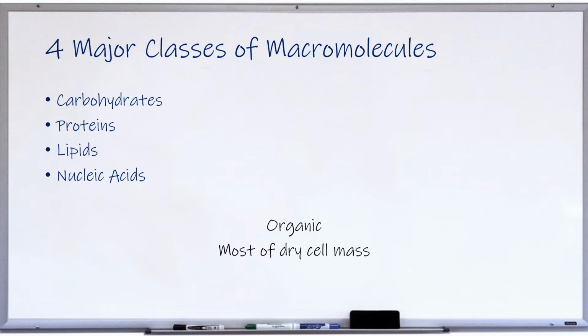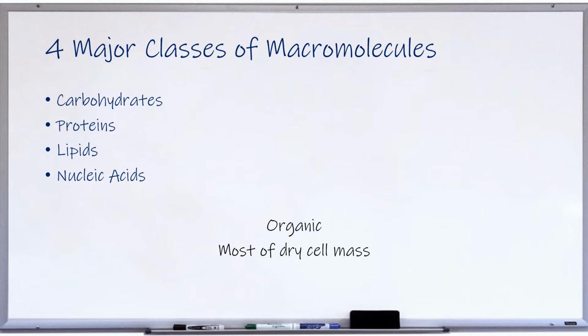Before we jump into carbohydrates, let's just track back a little bit and talk about the four major classes of macromolecules. So you have your carbohydrates, which is the focus of this mini lecture, proteins like amino acids, lipids, which are fats, and nucleic acids, which are RNA and DNA. The thing that all macromolecules have in common is that they're all organic, and you'll remember that organic means made of carbon.